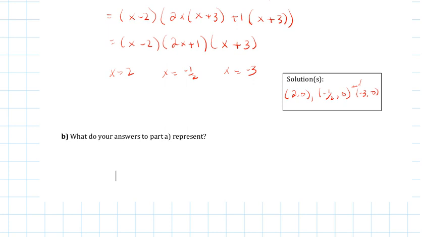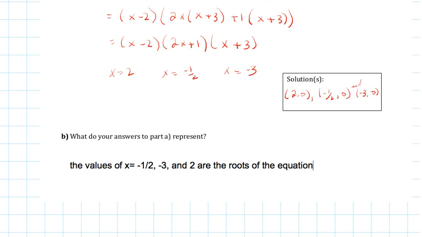So the values of x equals negative 1/2, negative 3, and 2 are the roots of the equation, which means they are the x-intercepts of the graph of the function of x.